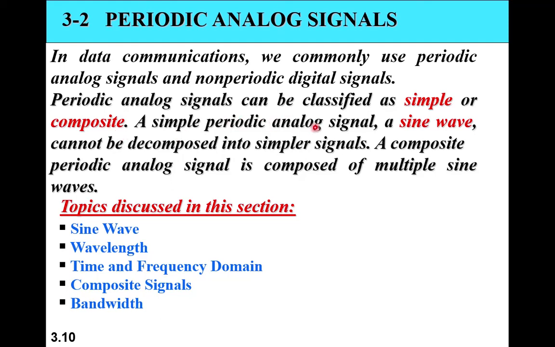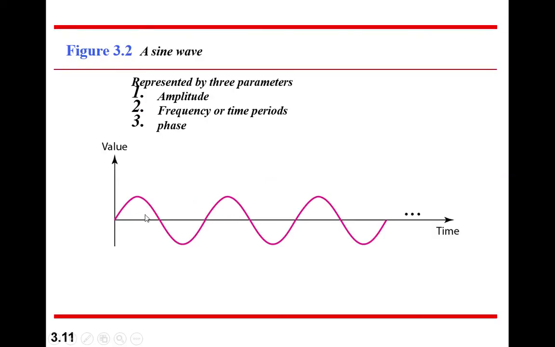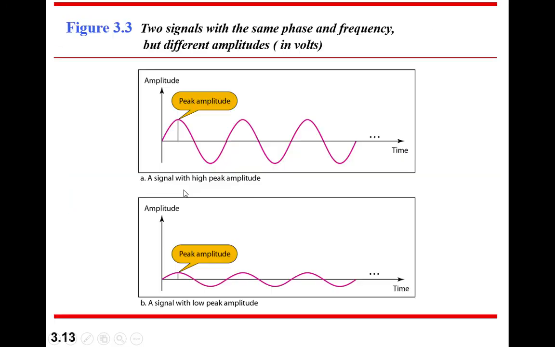A simple periodic analog signal is a sine wave that cannot be decomposed into simpler signals, while a composite signal can be decomposed into multiple sine waves. For example, this is a simple sine wave, and we will discuss that.